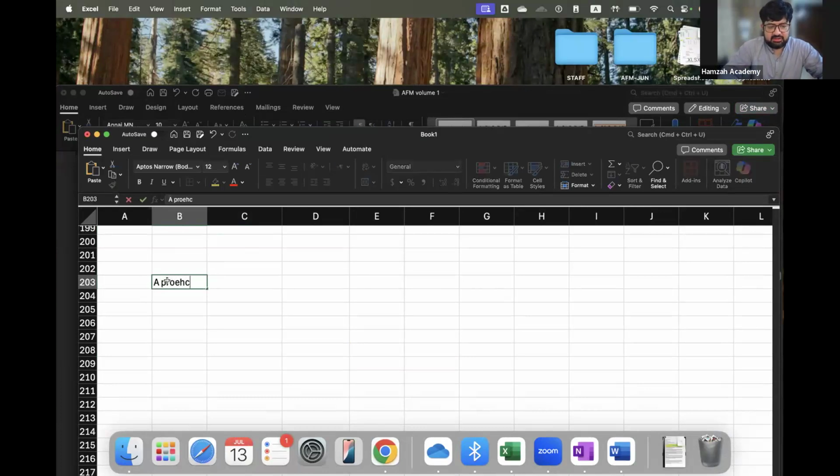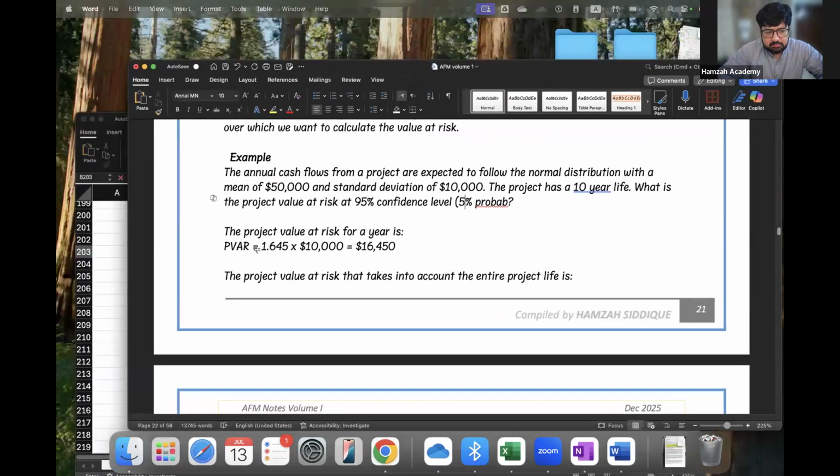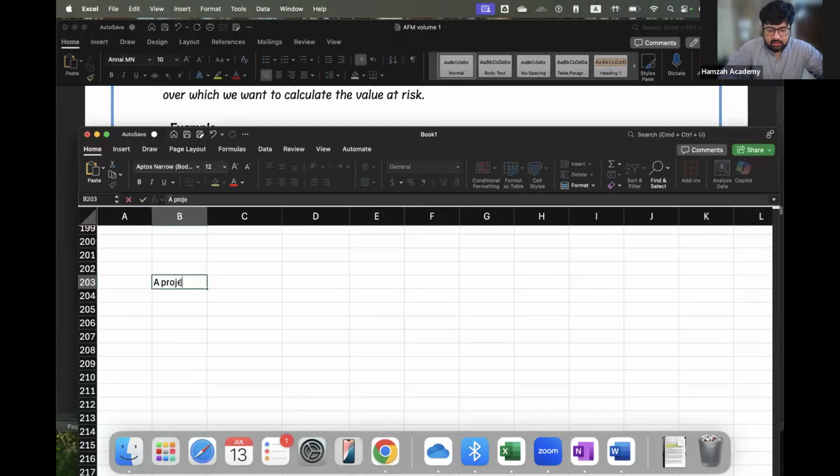So, a project has cash flows with a standard deviation of 25,000 and a life of 5 years.